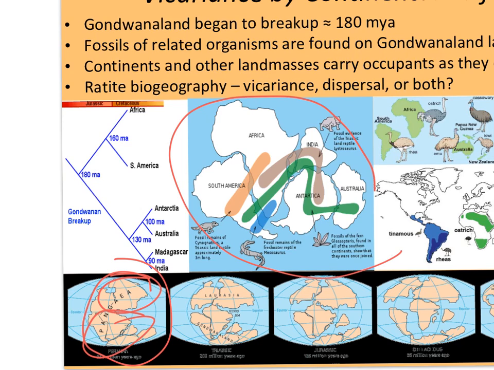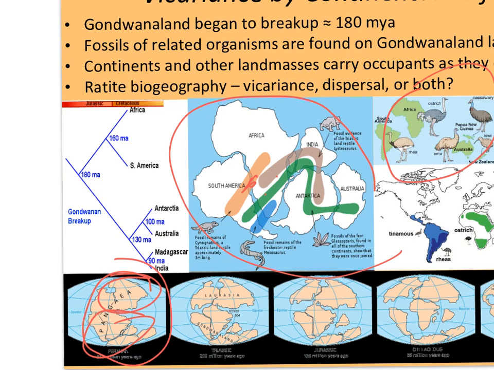Okay. So this is vicariance. There are also these flightless birds. They all started with one common ancestor, probably tinamous in South America.